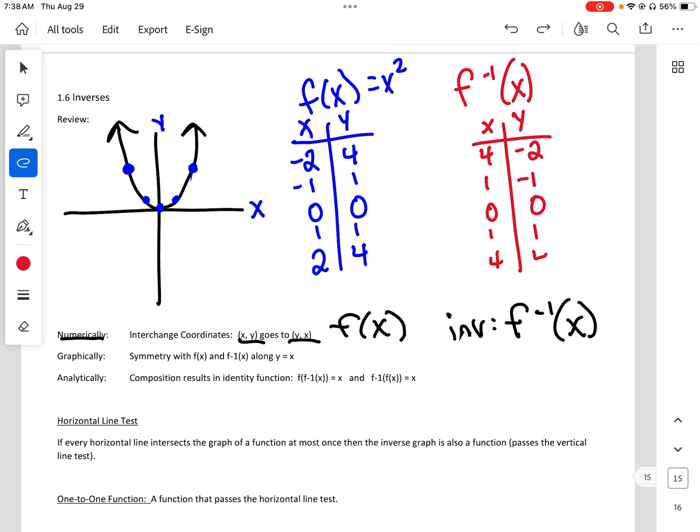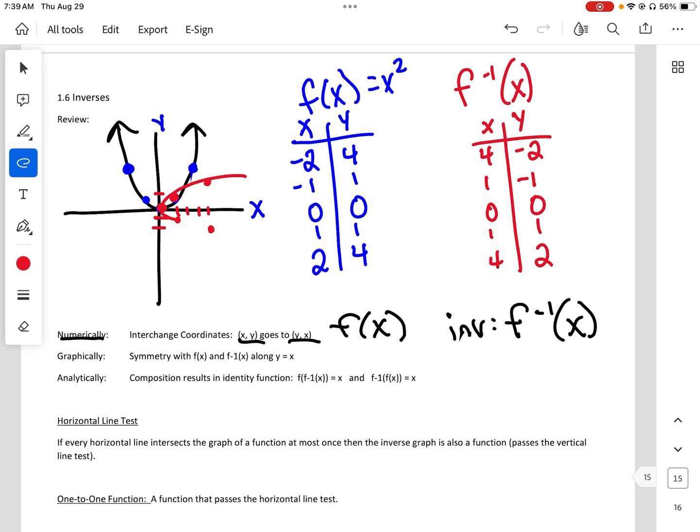Hold on, let me back it up. It should be 1 and 2. There we go. So whenever I graph that, I have 4, 1, 2, 3, 4, -2, 1, -1, 0, 0, 1, 1, and then what is the next one? 4, 2.